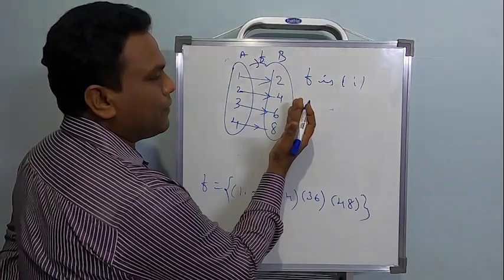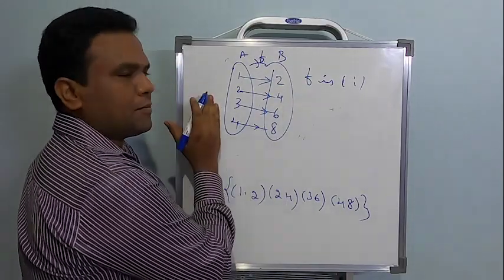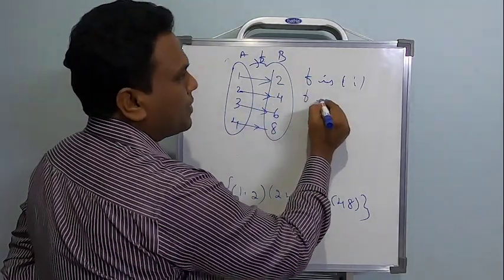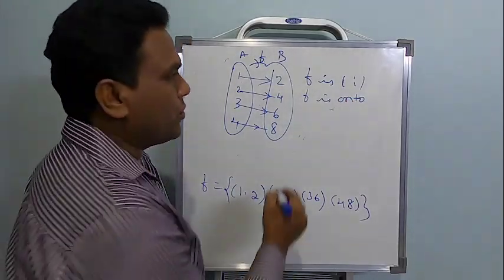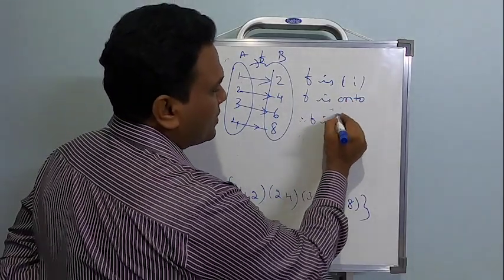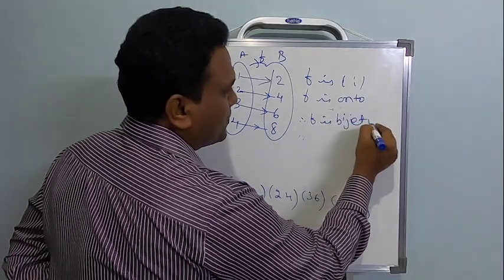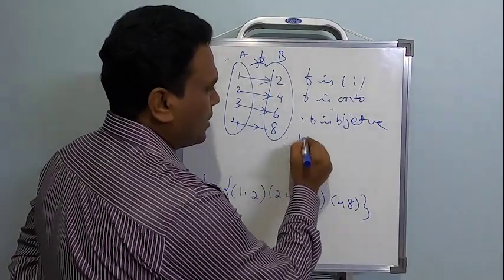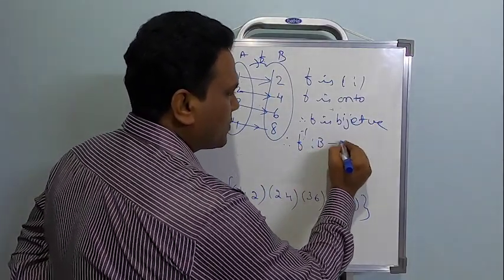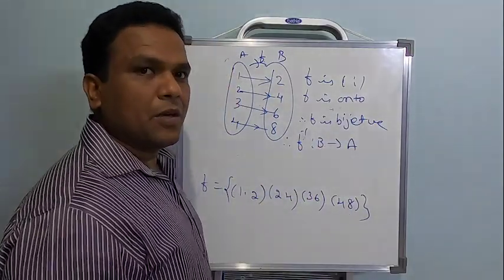And look here, every element of the codomain has a pre-image, so f is onto. f is one-one, f is onto, therefore f is bijective. Right. So if f is bijective, therefore f inverse is defined from set B to set A.